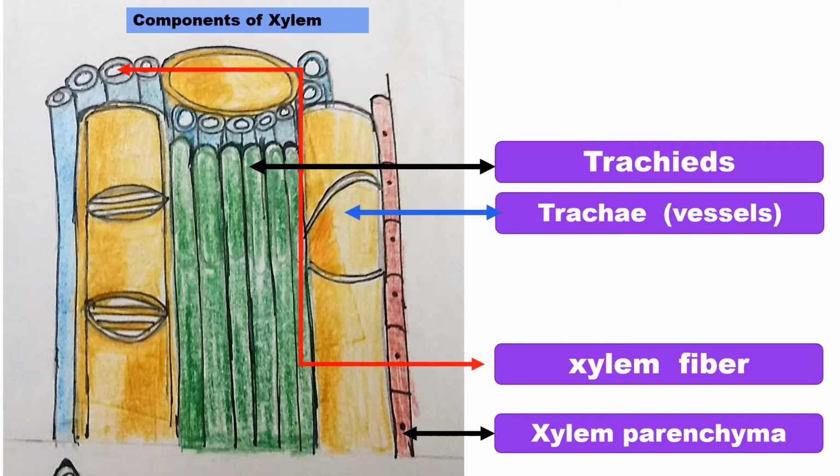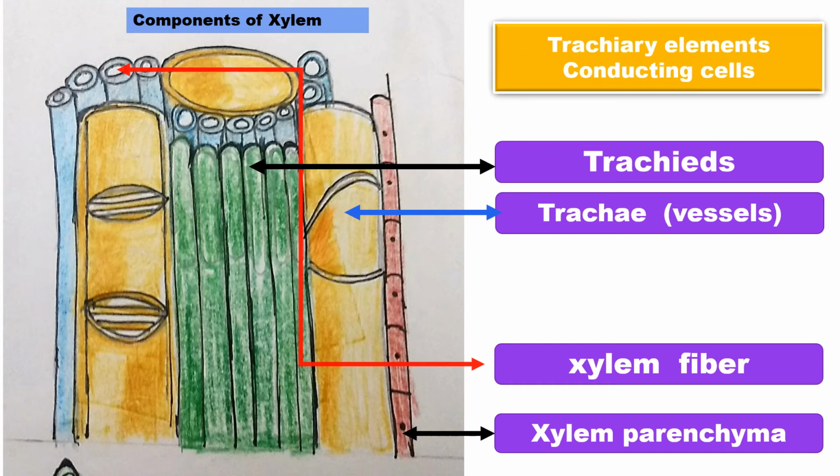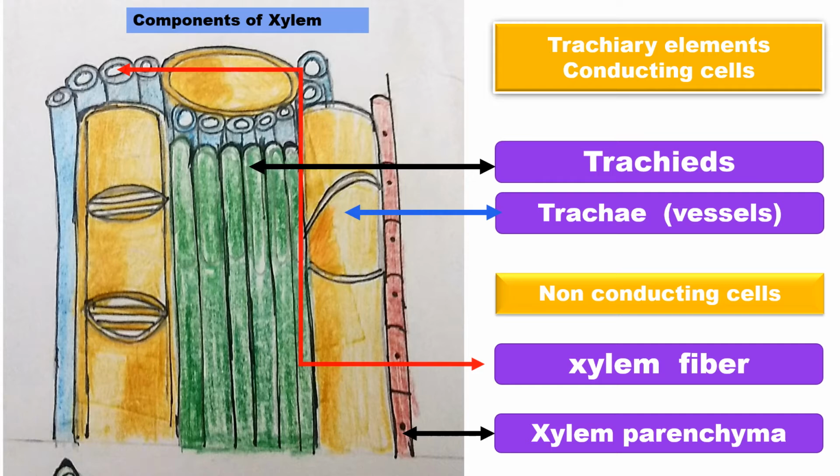Tracheids and tracheae are the real conducting cells, also called tracheary elements. Maximum conduction happens in these cells. Whereas xylem fiber and xylem parenchyma are called non-conducting cells because their function is support and storage.